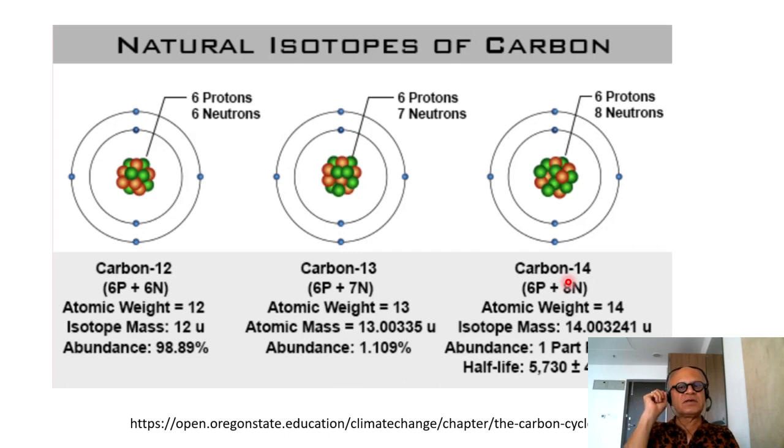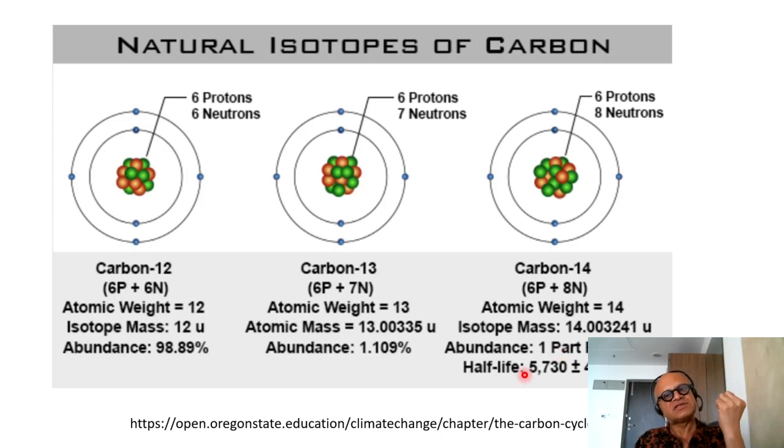So if the cosmic rays can hit the nitrogen and convert one of the protons into a neutron, then it ends up becoming 6 protons and 8 neutrons. So then it becomes a carbon molecule with 6 plus 8, so atomic weight of 14 and abundance of 1 part per trillion, so tiny fraction, but it's always produced and is available at that level.